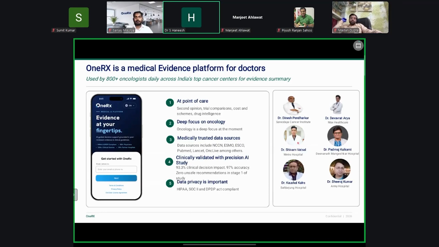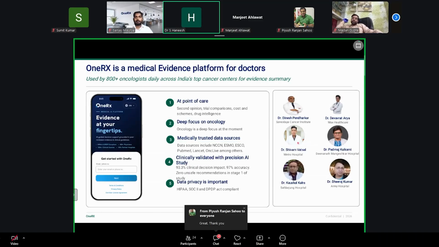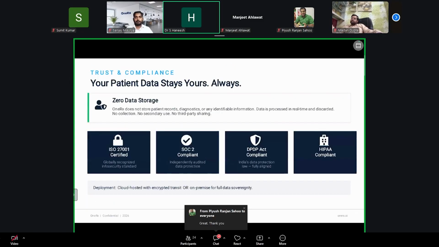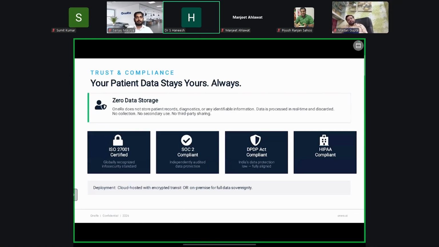We have 93.3% clinical decision impact, 97% accuracy, and zero unsafe recommendations in stage one of the study. Data privacy is important, so we are HIPAA, SOC 2, DPDP compliant, and ISO 27001 certified.